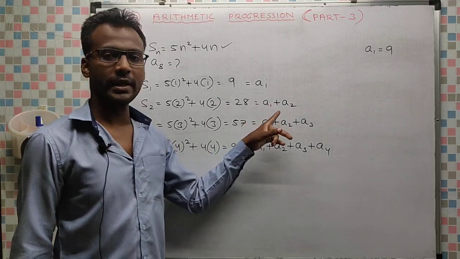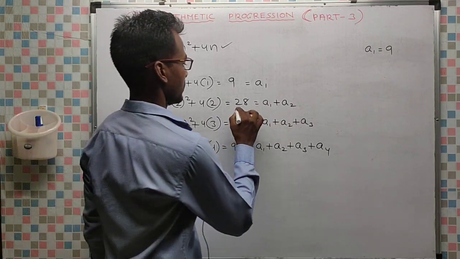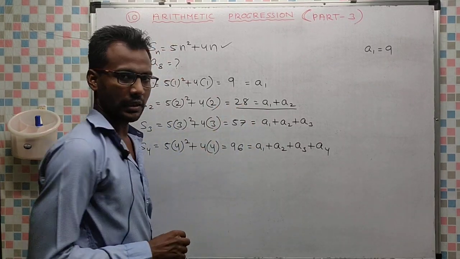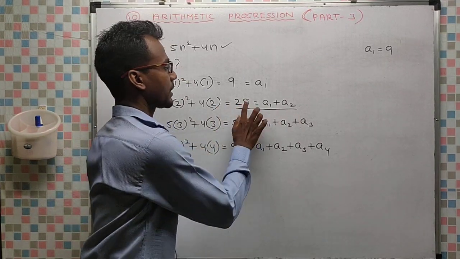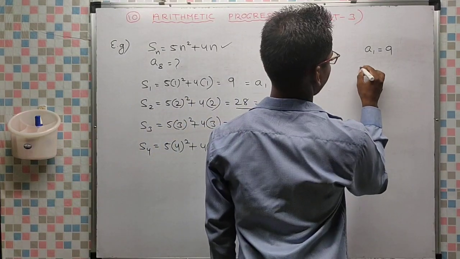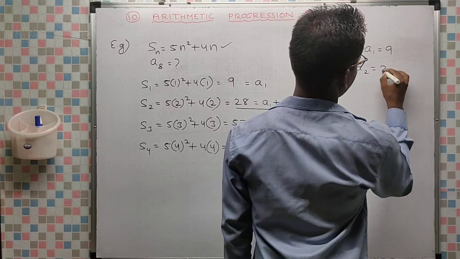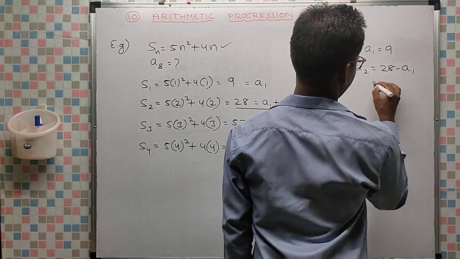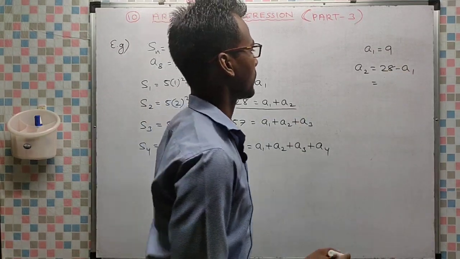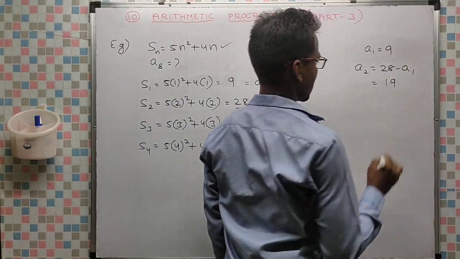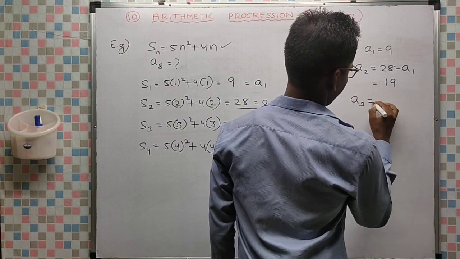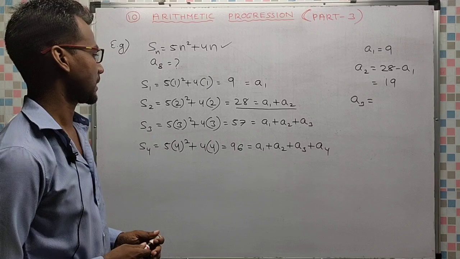Now can you find A2 from here? A1 plus A2 is equal to 28. Then A2 should be 28 minus A1. So 28 minus 9, which is equal to 19. A2 is equal to 19. Now let us go for A3.